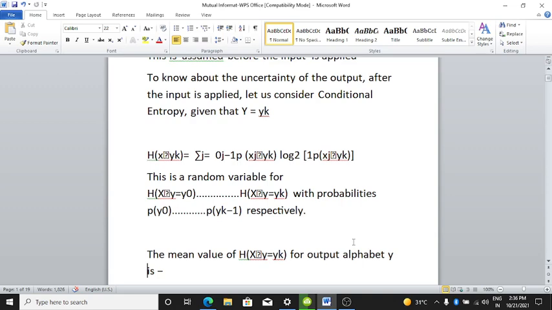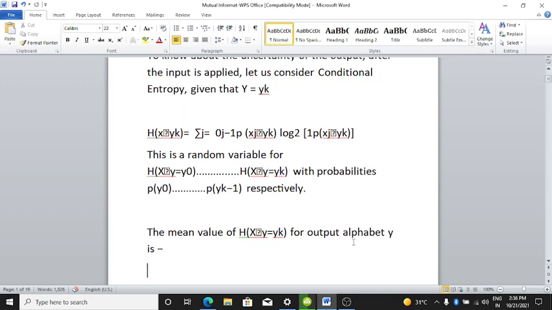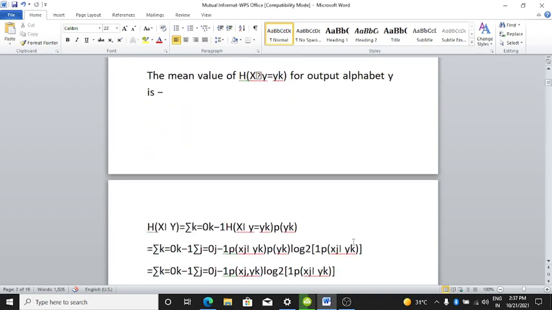This means the mean value of H of x given y is equal to yk over the output alphabet y is H of x given y is equal to the summation of k from 0 to K minus 1 of H of x given y is equal to yk times p of yk, which is the summation over k from 0 to K minus 1, summation over j from 0 to J minus 1 of p of xj given yk, p of yk log base 2 of 1 upon p of xj given yk.